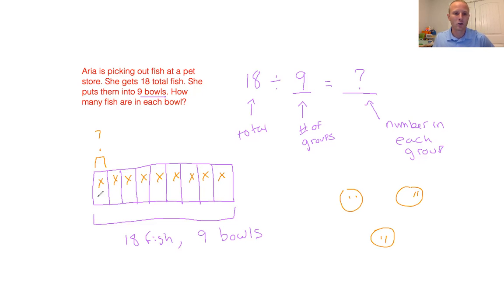I need to go back and start over at my first one. 10, 11, 12, 13, 14, 15, 16, 17, 18. Well, I've gotten up to 18 now. I don't have any more to give out. All the fish have found a home in a bowl. So now I can see that this isn't an unknown anymore, the size of my groups. I know that there are 2 in each group, 2 fish.